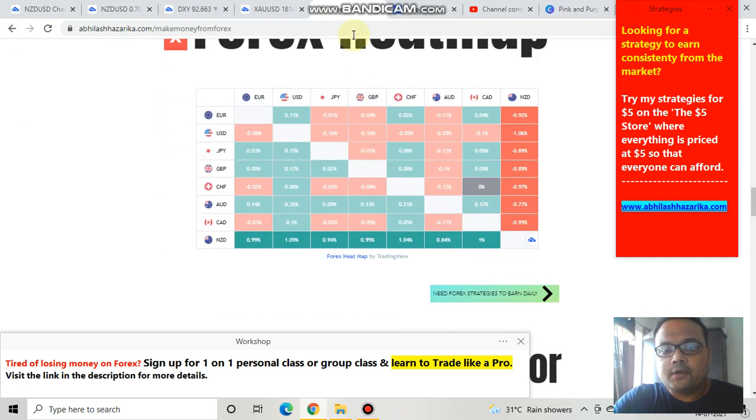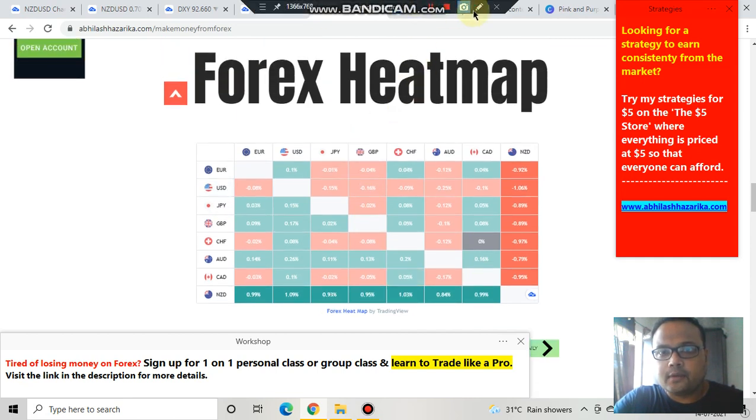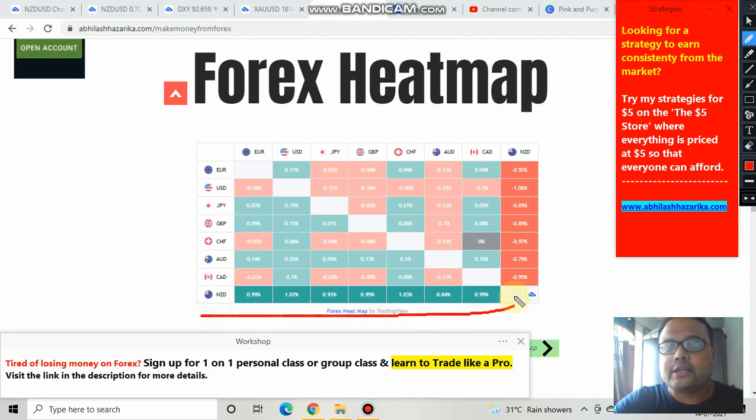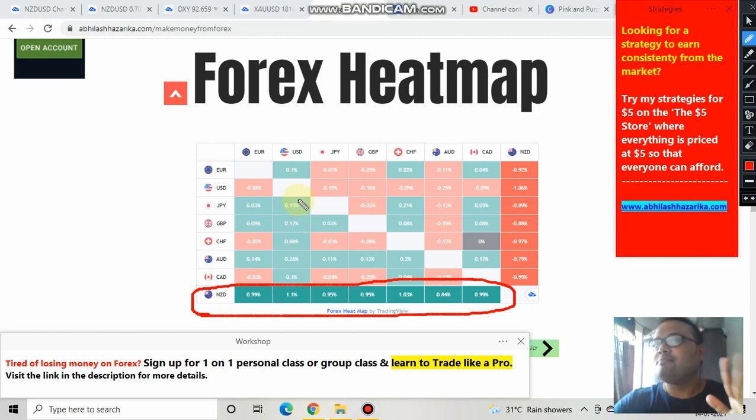Because see, the Forex heat map is clearly showing us that today almost all the currency pairs are lying flat except New Zealand dollar. You can clearly see on the Forex heat map that almost all the currency pairs with New Zealand dollar are giving some good moves, because New Zealand dollar is deep green. For example, you can see that NZD Euro is up by 0.98%.